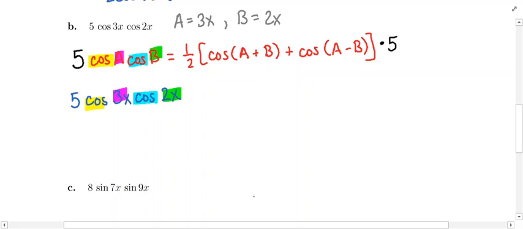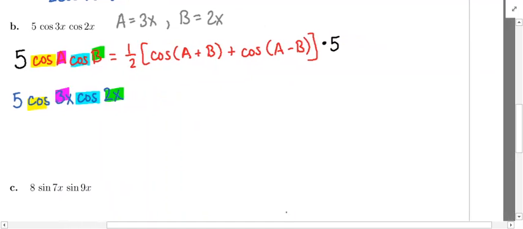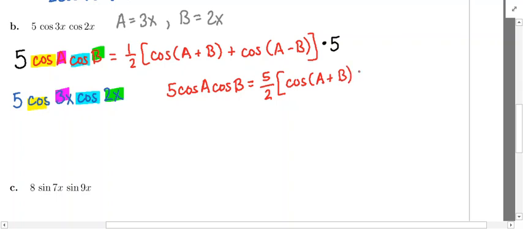Okay, all right, so what this tells us now, the template we are going to use, okay, is 5 times the cosine of A times the cosine of B. That's equal to 5. You need to multiply your numbers together. I have a 5 times a 1/2. That is 5 halves, or you can convert it to 2.5 if you want. Okay, that is going to be multiplied by the entire quantity cosine of A plus B plus the cosine of A minus B. And now we can plug into it with A is 3x and B is 2x.